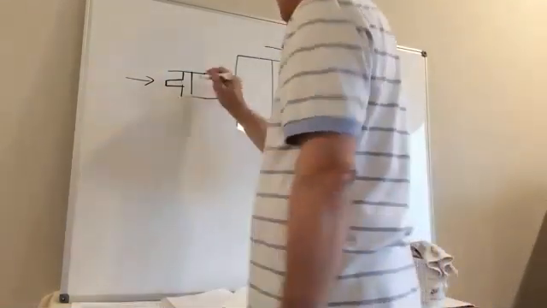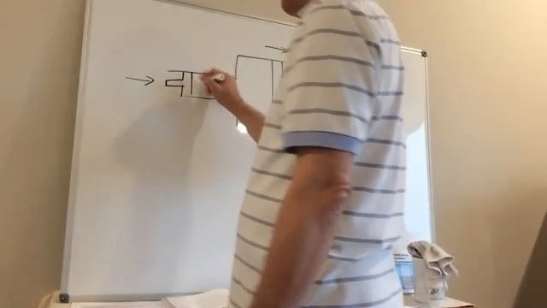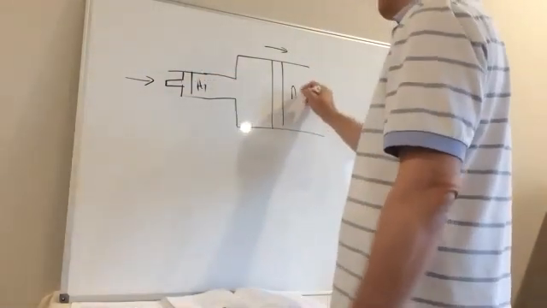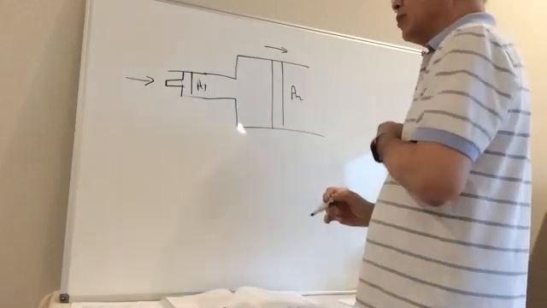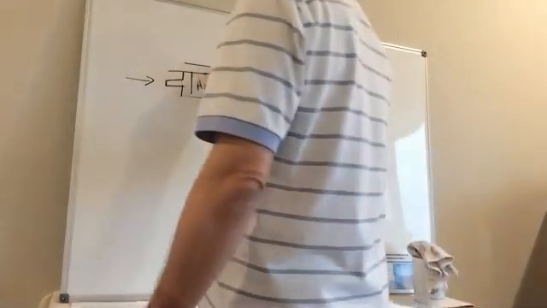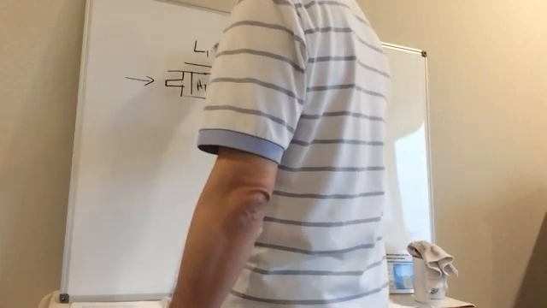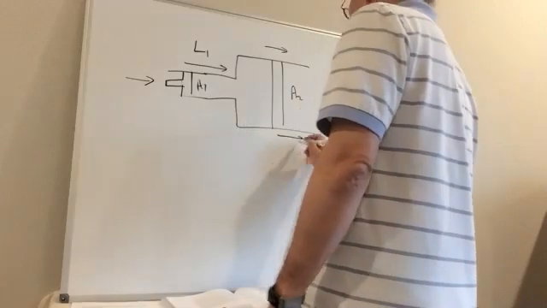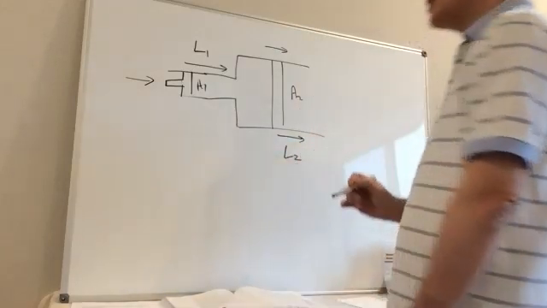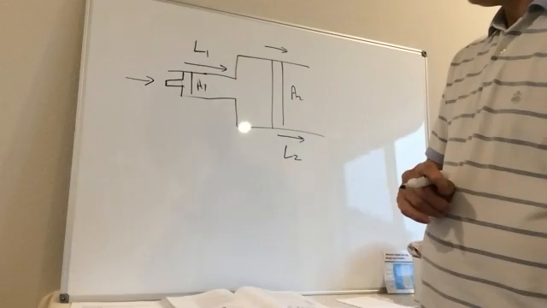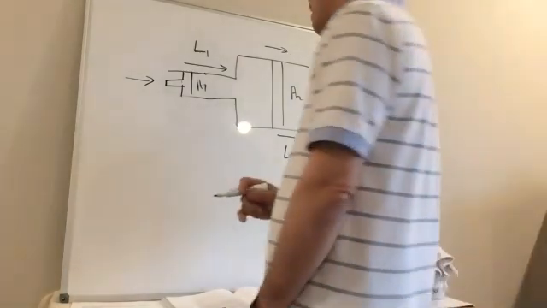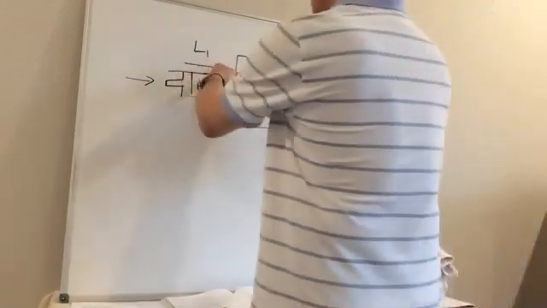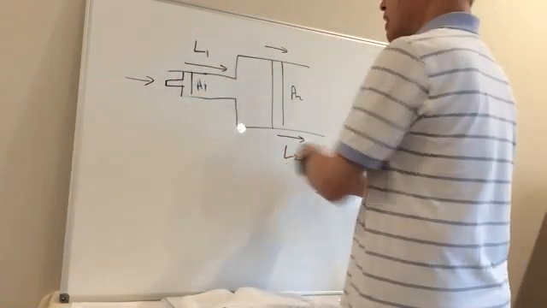They're calling the cross-sectional area here A1. The cross-sectional area here is going to be A2. You're going to move it a distance of L1, and this one's going to move accordingly a distance of L2. They're not going to move the same distance, correct? So the question is, what is the difference in the distance? If I move this L1, how much am I going to move this L2?